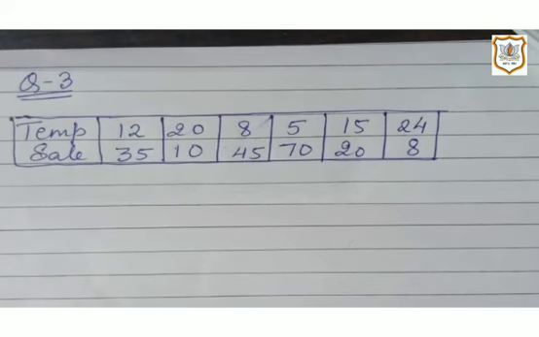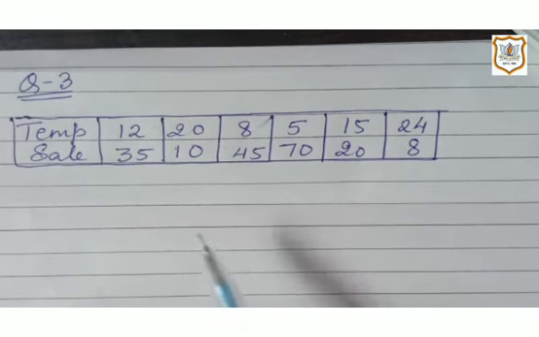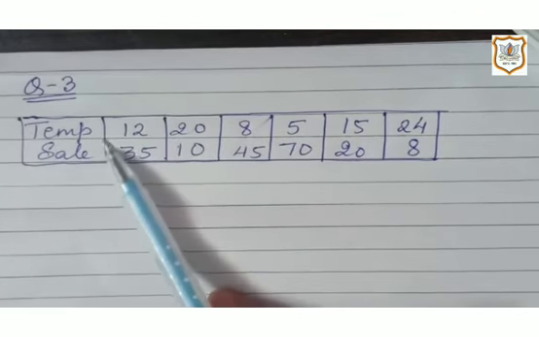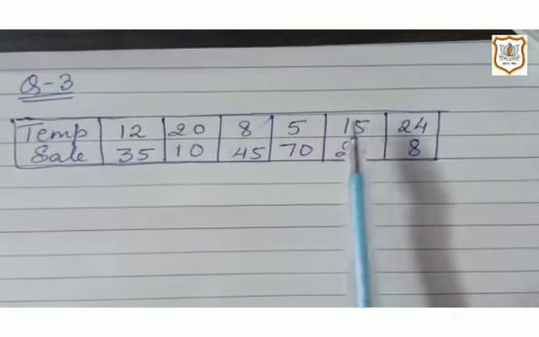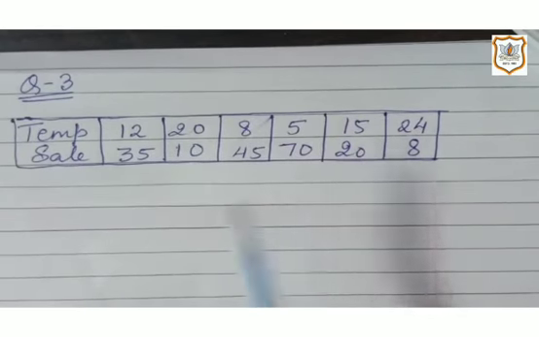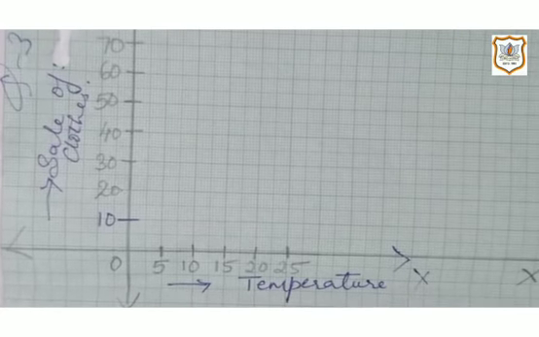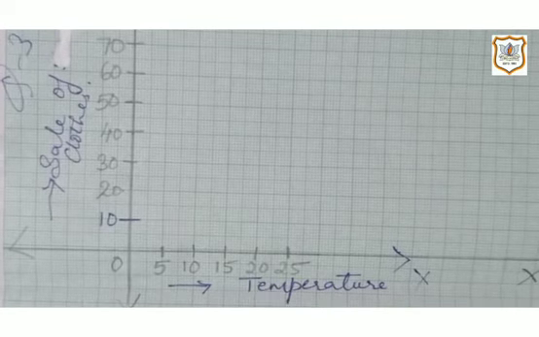Let us solve question number 3 of the same exercise. In this question, the values of sale of woolen clothes, which is dependent on temperature, are given to us. Again, we will plot the points and then find the type of correlation. Now let us plot the points of temperature versus sale of clothes.